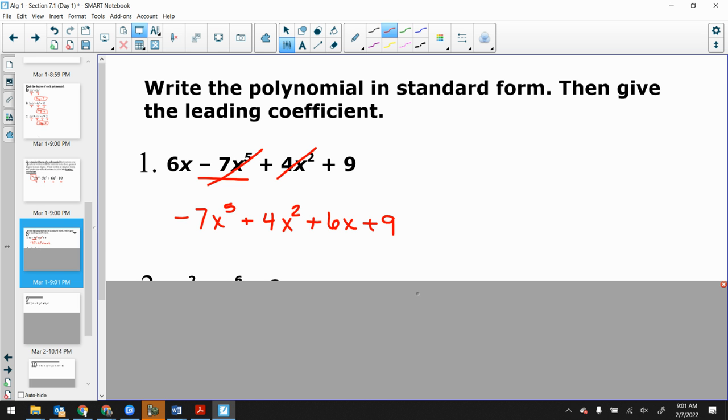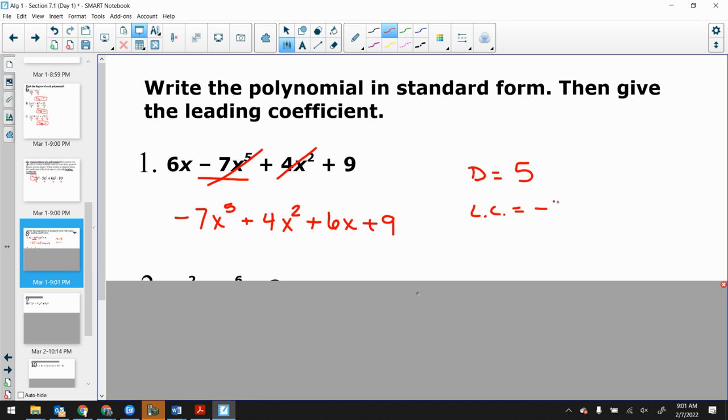Now, it asks me for the degree and the leading coefficient. The nice thing is when you put it into standard form, the degree and the leading coefficient should be very easy to see. What's the degree of this polynomial? 5. It should be the highest power on the far left. That should be your degree. What's your leading coefficient? Negative 7.